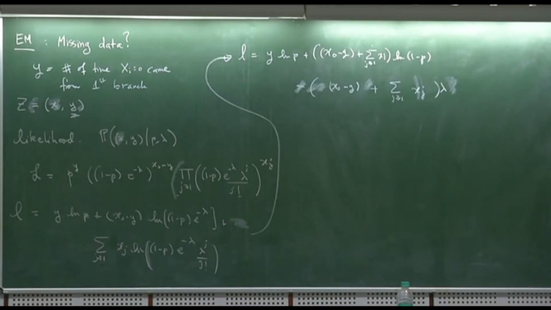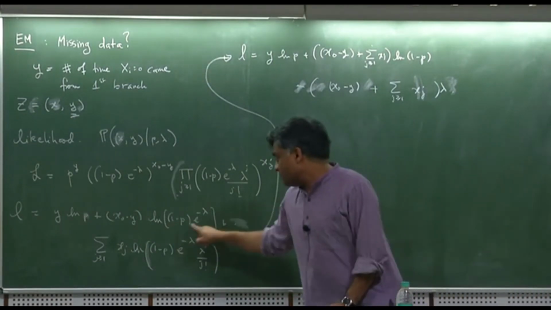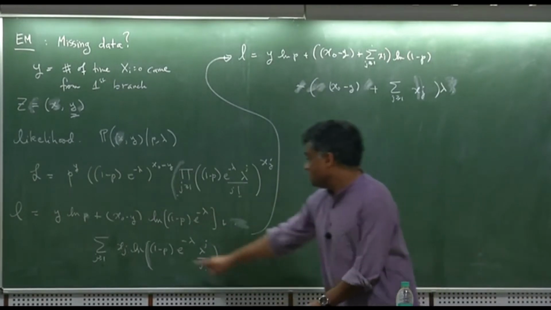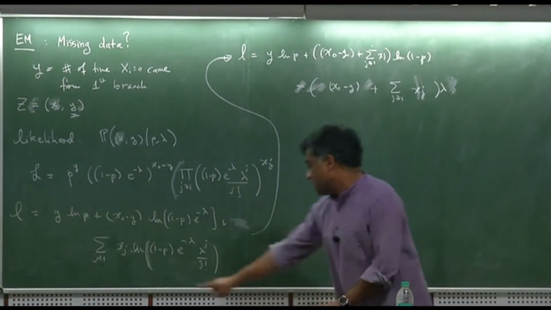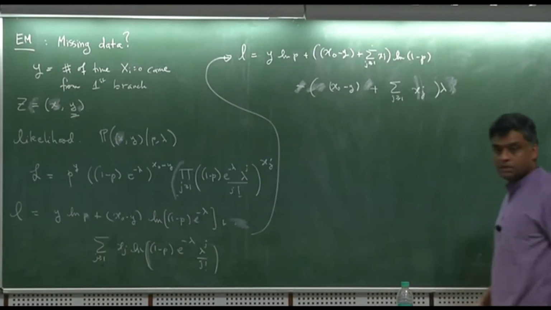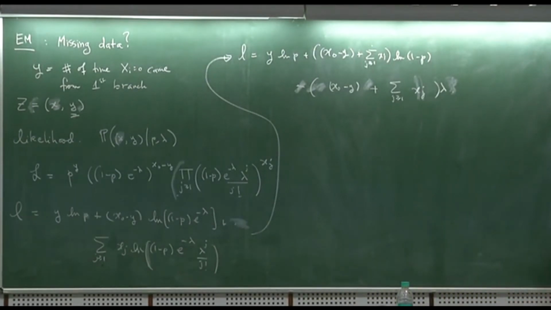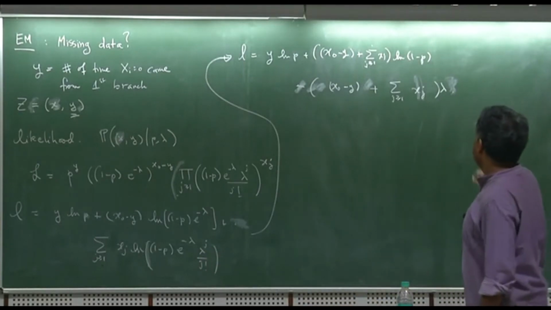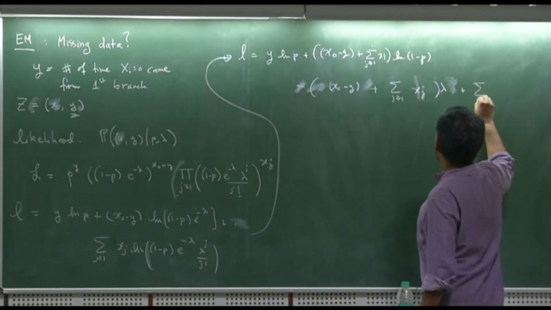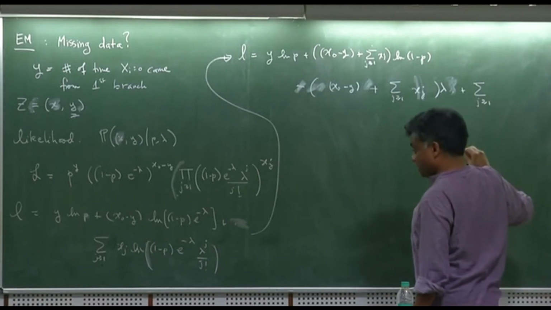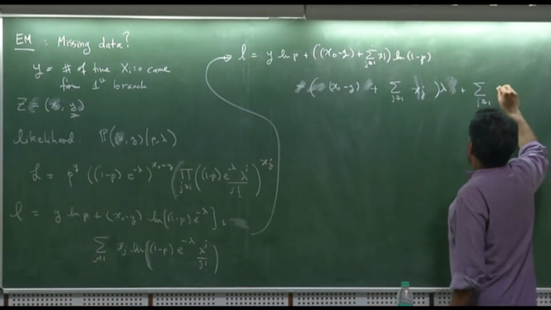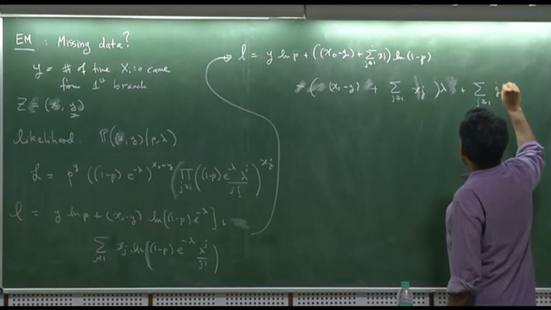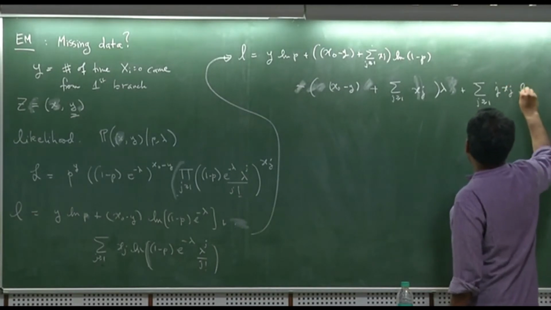Everybody good so far? All the lambda terms, this is basically coming from the e to the minus lambda term. The log of e to the minus lambda will give me lambda, x0 minus y and xj's, right? And now the leftover part is this guy over here, and from there you'll get plus summation over j greater than or equal to 1 of j times xj log lambda.